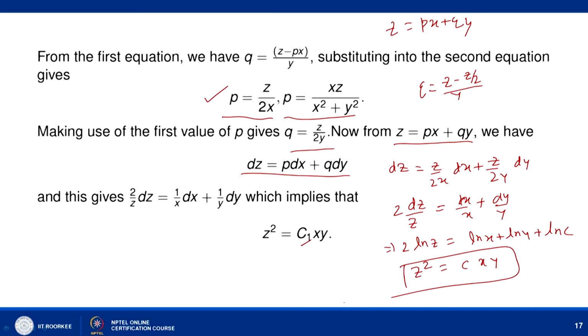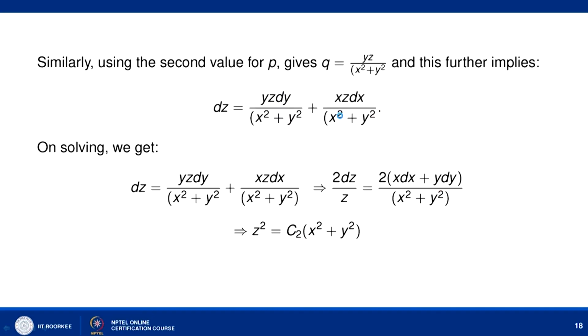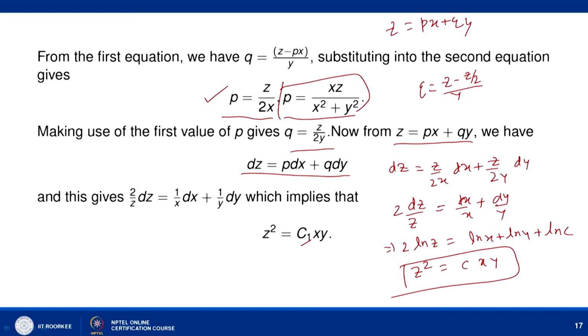So, once we have taken one value of p, we have another value for q, which we can obtain using the equation as well as this value, and we have a common solution z square equal to c x y. Now, if we use the other value, xz upon x square plus y square as p, then q is z minus px upon y.